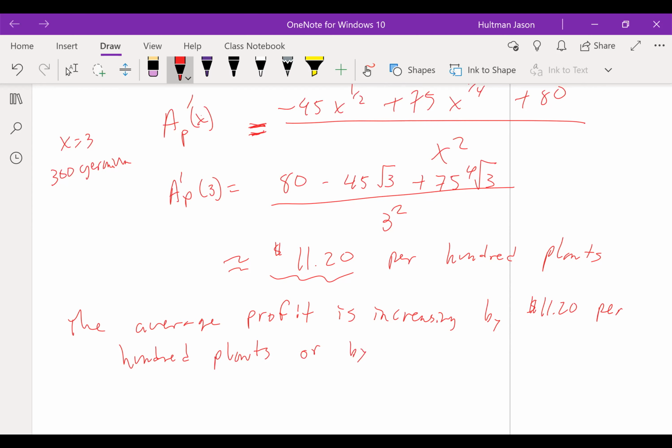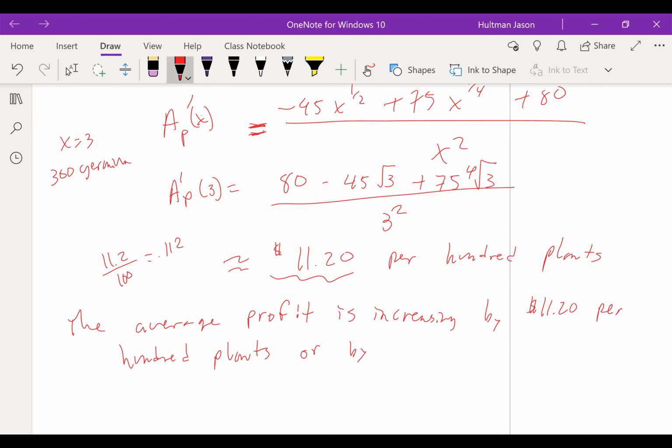What happens if I divide the dollars by 100? Wouldn't I get cents? 11.2 divided by 100 would be 0.112. If I divide by the number of plants, I want to say how much this is increasing per plant.